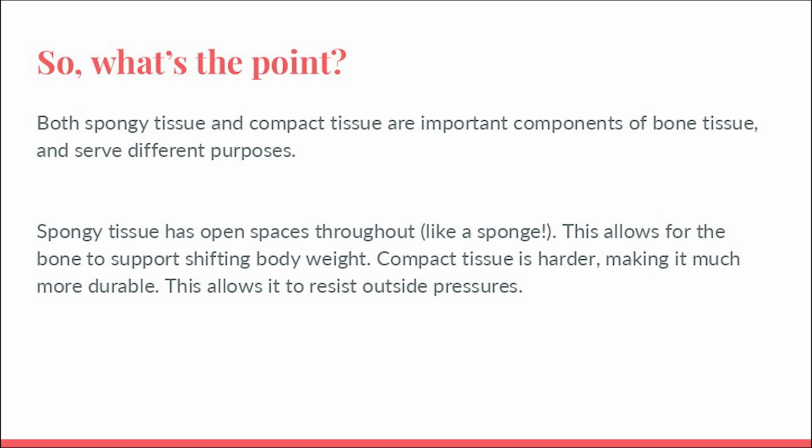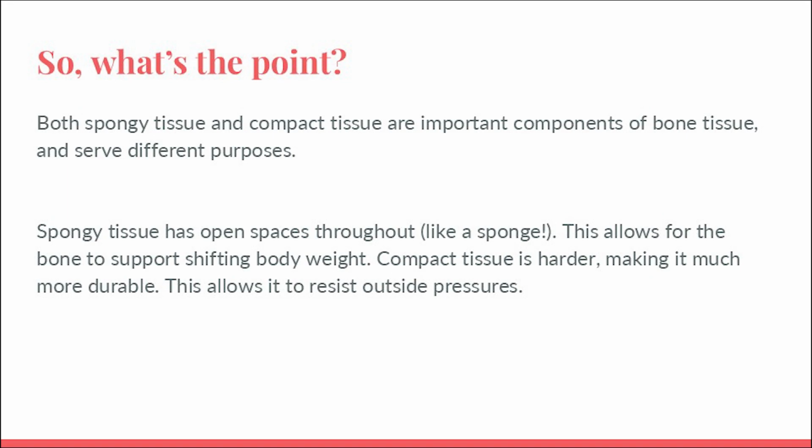First of all, like I just mentioned, you hear spongy, you picture a kitchen sponge. So spongy bone tissue has open spaces all throughout it, and it is like a sponge. This allows for the bone to support shifting body weight. So it allows for a little bit more flexibility, a little bit more movement.